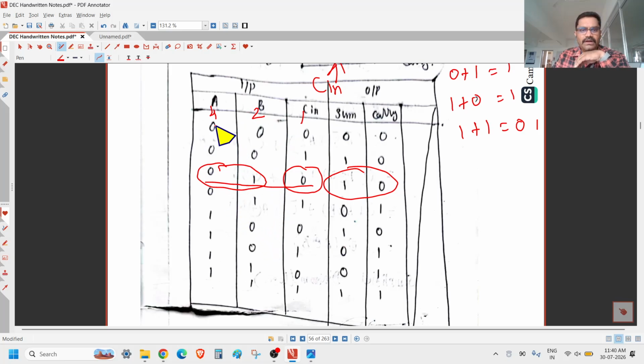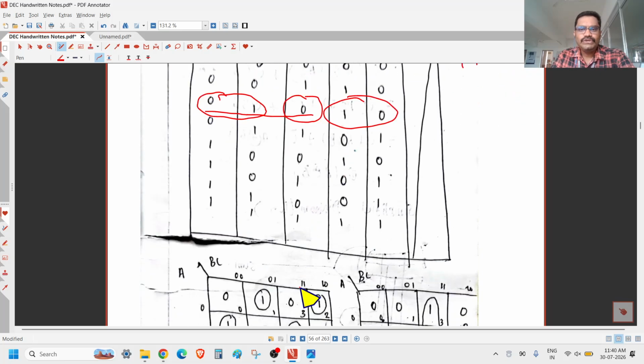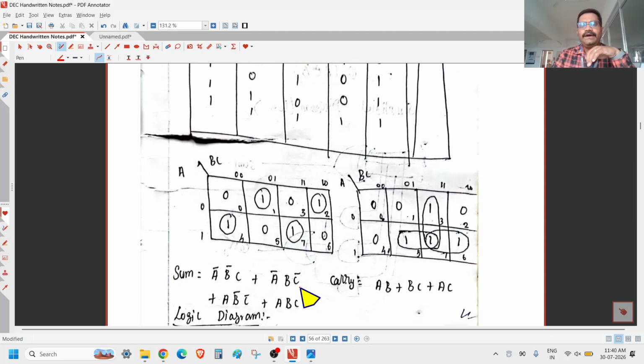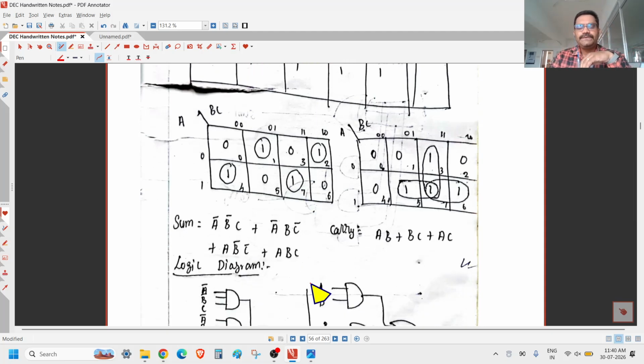Otherwise, it is very simple. 4 zeros, 4 ones, double 0, double 1, double 0, double 1, 0 1, 0 1, 0 1, 0 1. Likewise, we have to fill it out. And once you completed the actual truth table, the next part is you have to make the K map. Okay, K map to find out the final result, that is sum and carry.